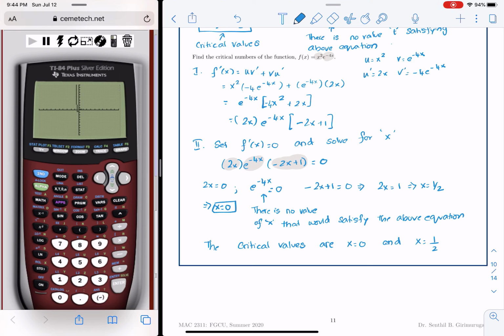Window, let's reduce to negative 1 to 1 graph.